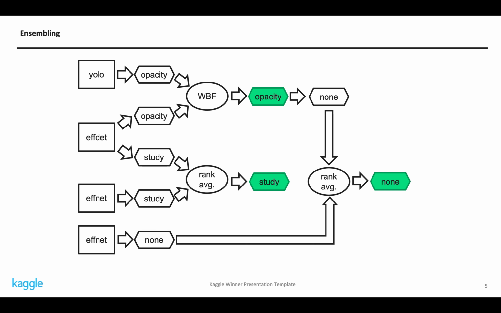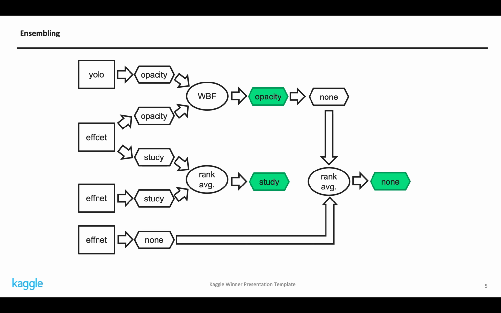We have EfficientNets to generate study level labels. We have EfficientNets to generate non-labels. And for the opacity bounding box, we use a technique called weighted box fusion for ensembling to generate the final opacity prediction.